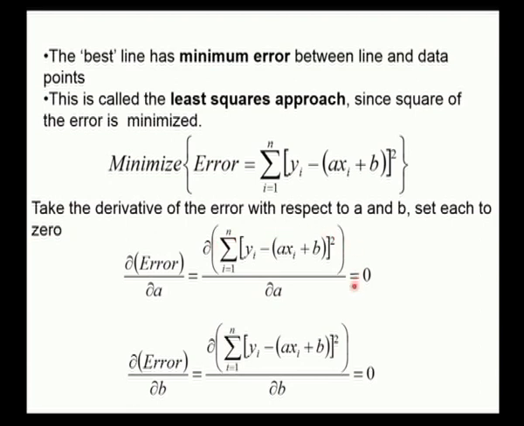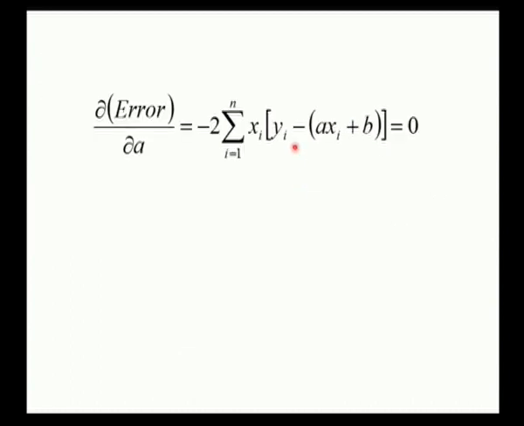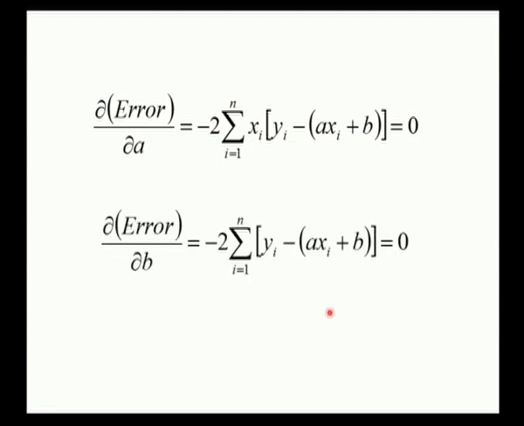If I calculate the derivative of this, you have the outer function as square, the inner function is yi minus (axi plus b). So, you have to use the chain rule: 2 times that function multiplied by the derivative of the inner function. Which will give you this, and similarly for the other equation we will have this.